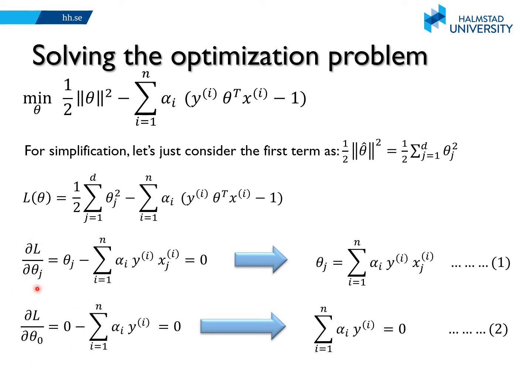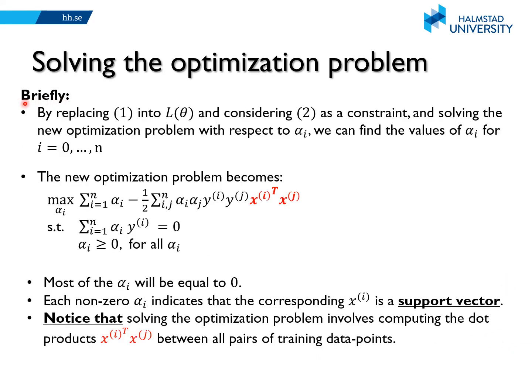And putting this equal to 0 means that theta j is equal to this part, right? So we get this. And from this part, we get this. And without going into too much detail, by replacing the first equation that we got into our cost function, and by considering the second equation that we got as a constraint, we will get a new optimization problem which looks like this one.